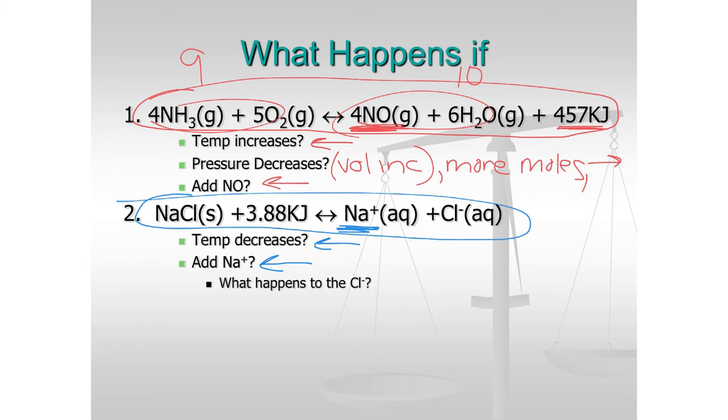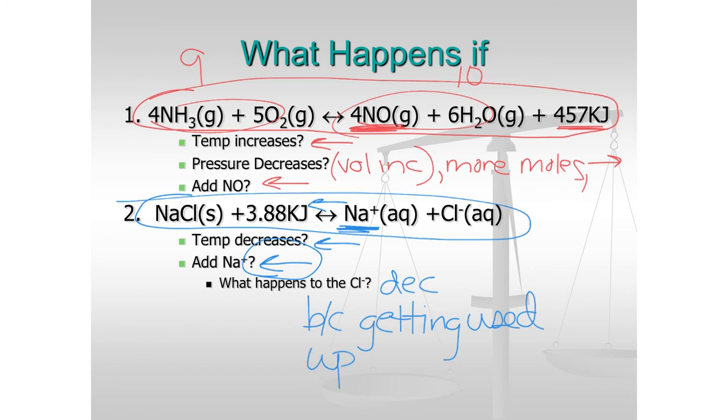Now, this is a 2-part question here. If we increased the Na+, what would happen to the Cl-? Well, we already said the reverse reaction occurs. So since we are doing the reverse reaction, the Cl- would be getting consumed, so it would decrease.